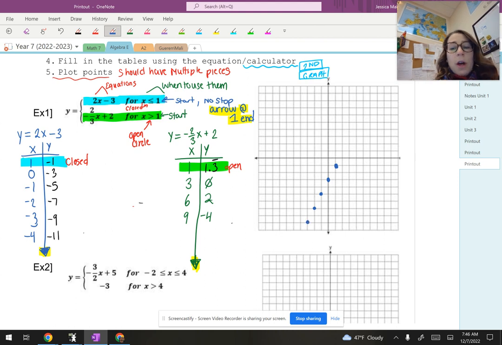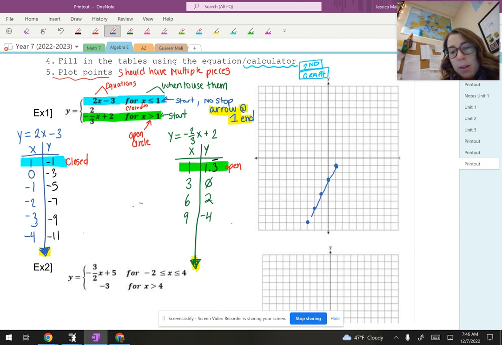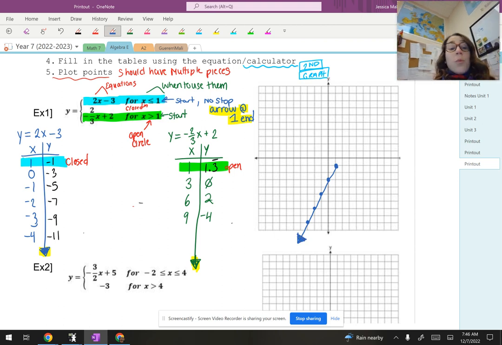Boom. So now we have an arrow going in one direction. The arrow on my table is pointing down where the -4 is, meaning it would continue getting negative. So I'm going to make that arrow go this way. Boom. That's one piece of that equation, not the entire thing. It's not the entire line taking up the entire graph, but it's one piece of it.